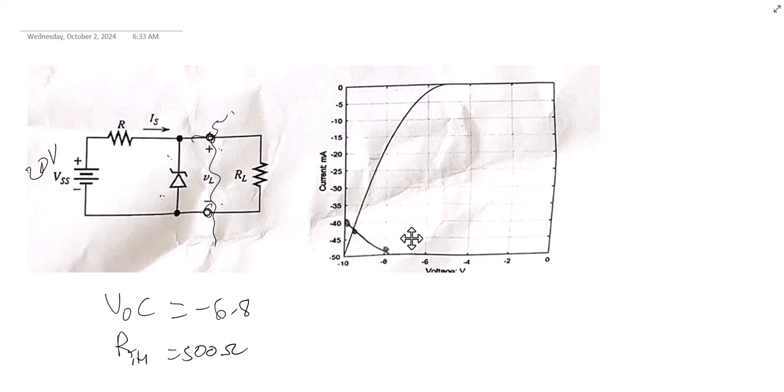Okay, so we need to find 2 points on the graph to draw our line. One point will be when voltage is 0, current is 0, so we have this point right here. That's a nice one that we can have.